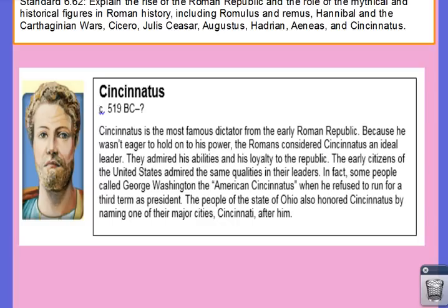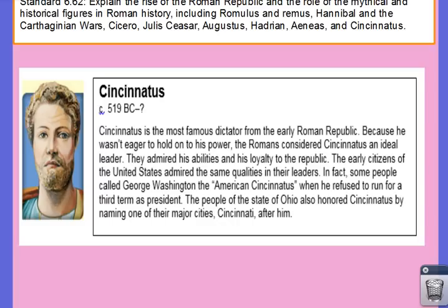In fact, some people called George Washington the American Cincinnatus because he refused to run for a third term as president. The people of the state of Ohio also honored Cincinnatus because they named their major city, Cincinnati, after him.